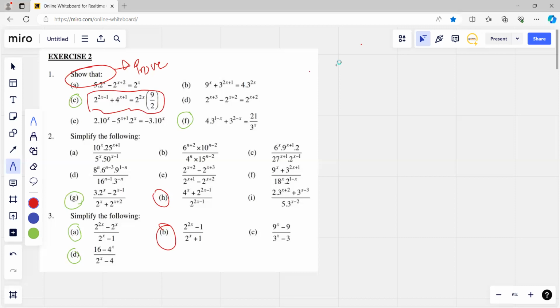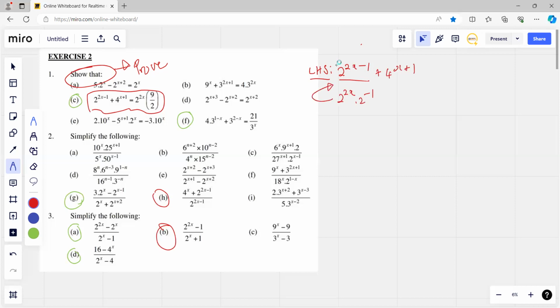From our left-hand side, we're being given 2 to the exponent 2x minus 1 plus 4 to the exponent of x plus 1. This is the left-hand side. Then we have to solve this. We can break this down into 2 to the exponent 2x multiplied by 2 to the exponent negative 1. This is whereby we're applying the law that says if the bases are the same, we add the exponents.